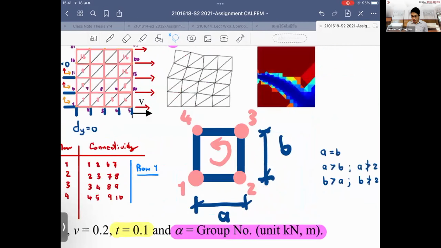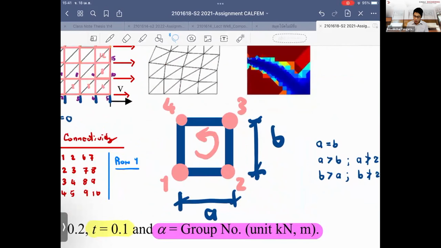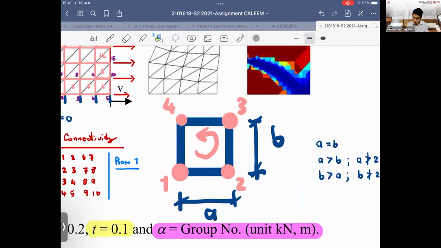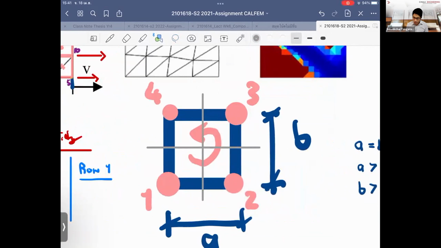So when we're looking at each of the elements, we call them generic elements, right? When we use Gauss integration rules, what we do is that we split the element into 4 parts, and we represent the values of the stress at the Gauss point, which is at the Gauss coordinate. You have the Gauss coordinates here, right?